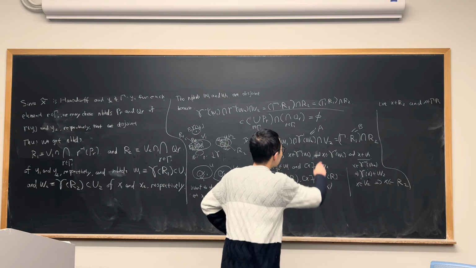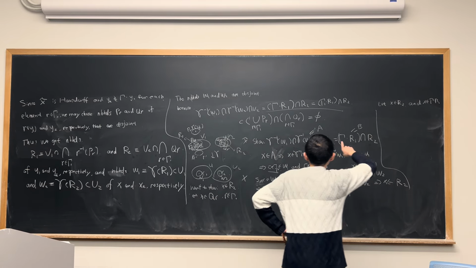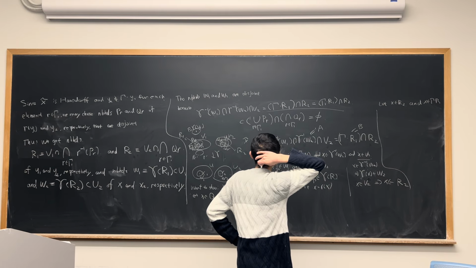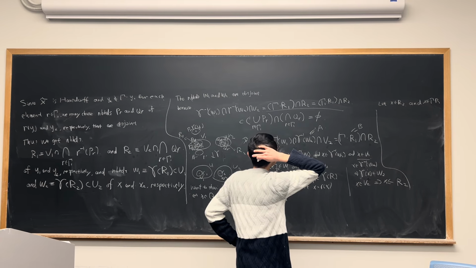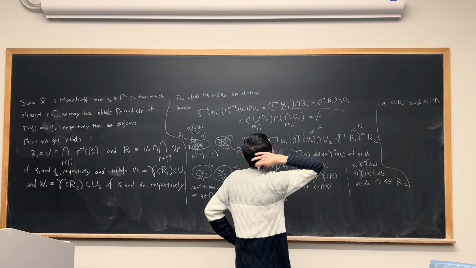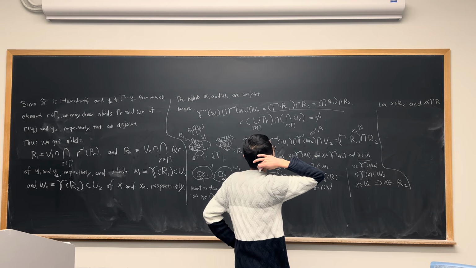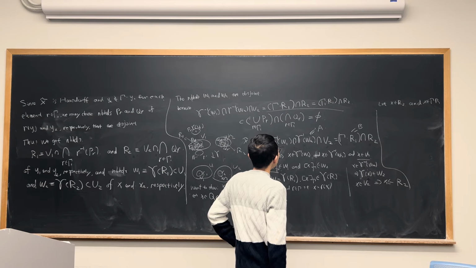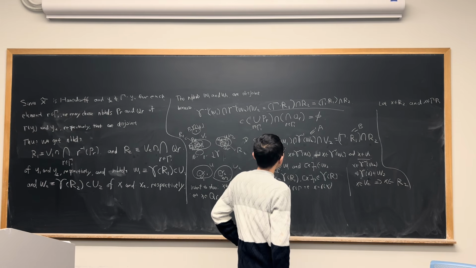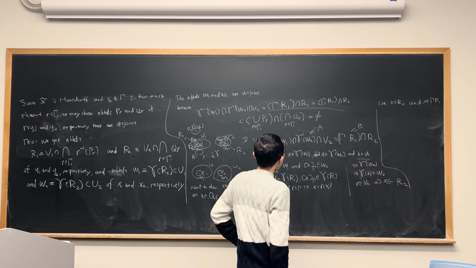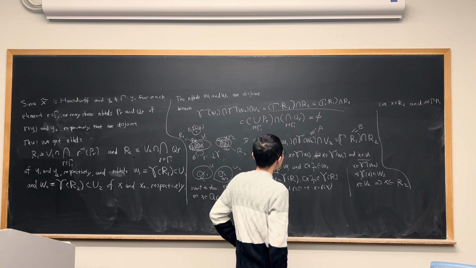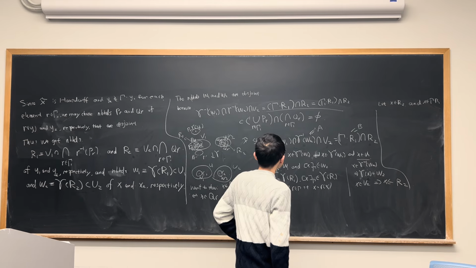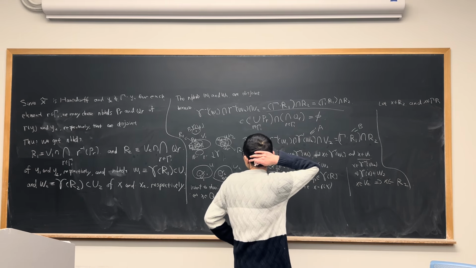Okay, let's take the same x again. I think this is because, remember, this R1 is compact, right?